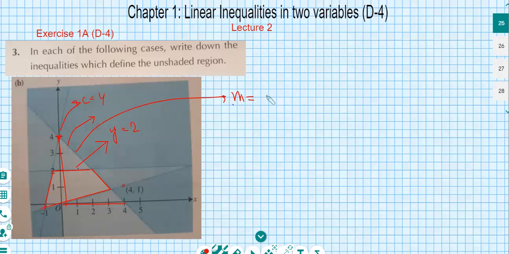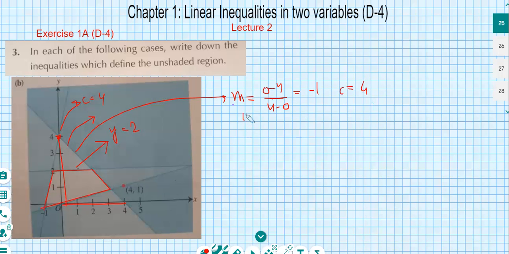The rise, or y2 minus y1, will be 0 minus 4. And this x2 minus x1 will be 4 minus 0. So the gradient will be negative 1, and the y-intercept is 4.